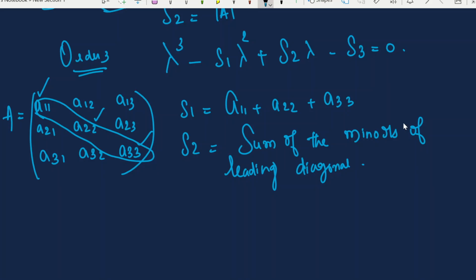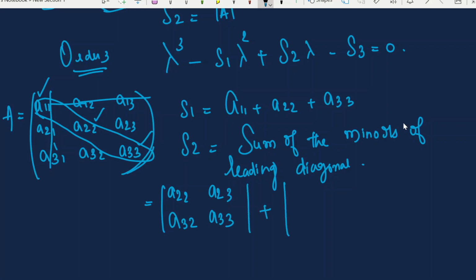The minor of A11 means neglect the corresponding row and column of A11. So consider this submatrix: A22, A23, A32, A33, plus the minor of A22. Neglect the corresponding row and column of A22.